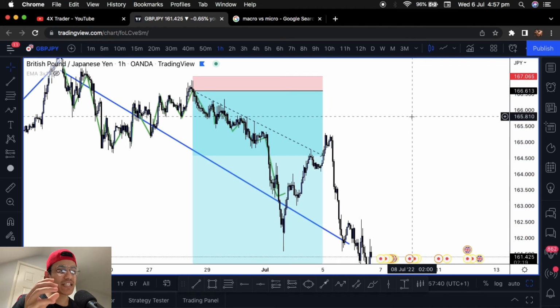Just simply understand micro and macro structure. Don't take a trade only on the macro structure, but you can take a trade on micro structure once the micro structure is shifting to bearish and that aligns with the higher time frame macro structure.